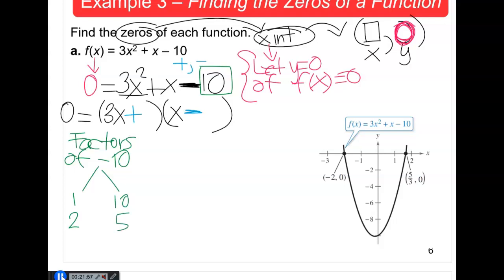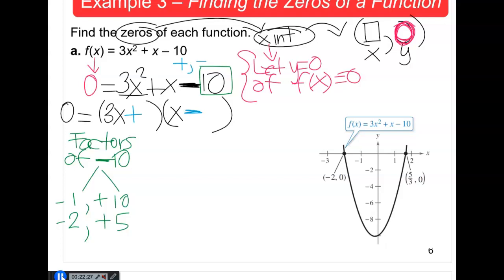And I'm going to have to choose one number to be positive and one negative because we want the factors of negative 10. So let's just assume that we're going to have the negative here, and this will be positive. This will be negative, and this will be positive. So let's try to place them here.